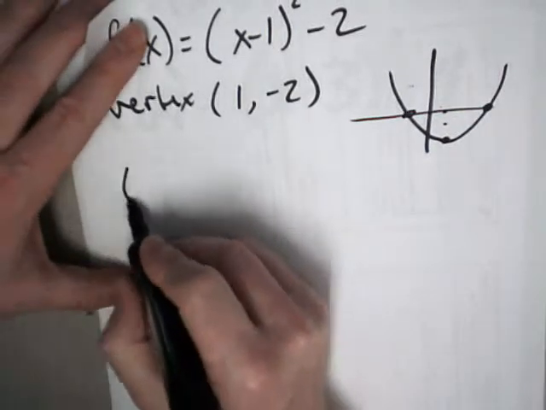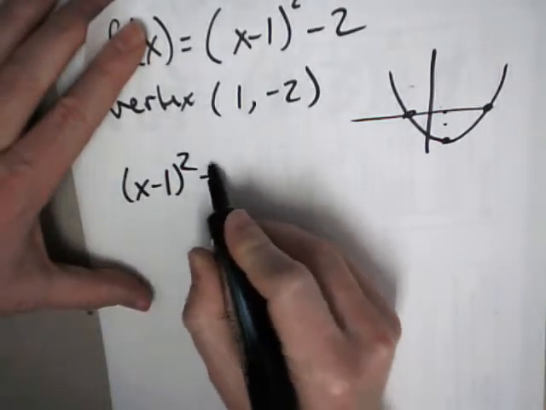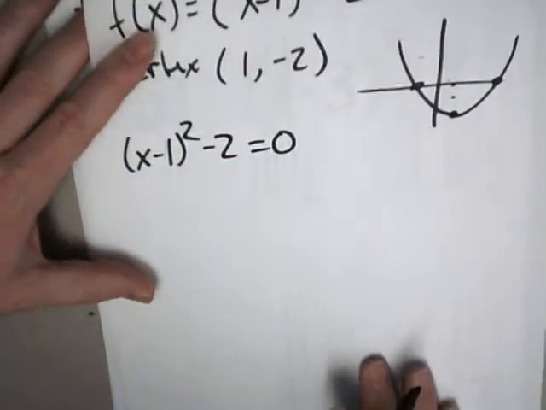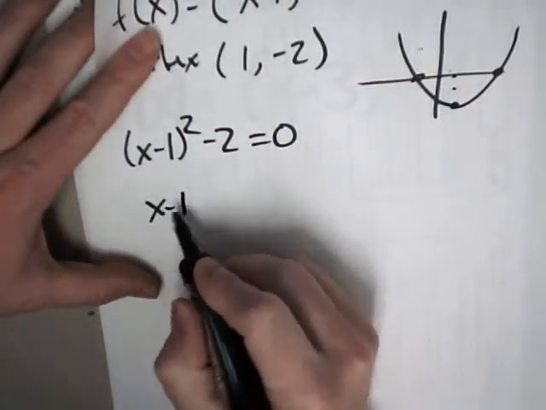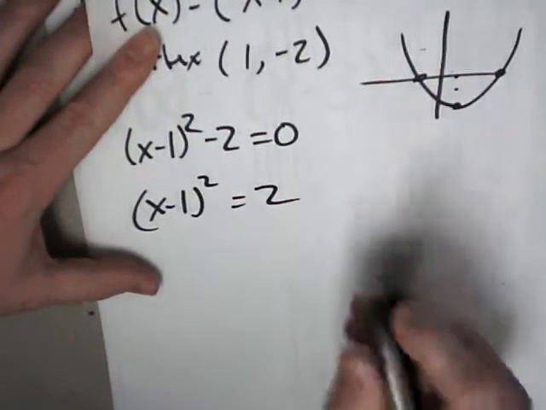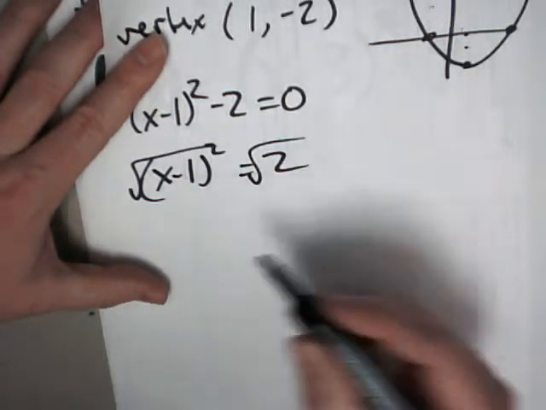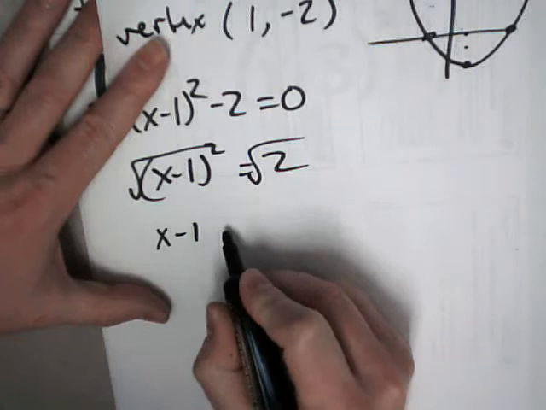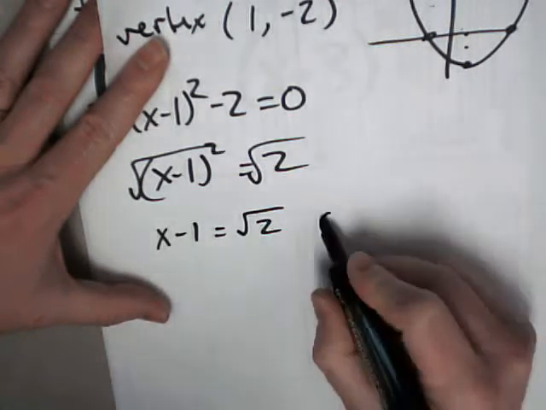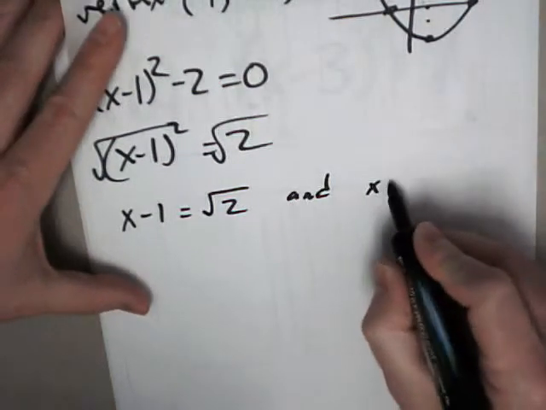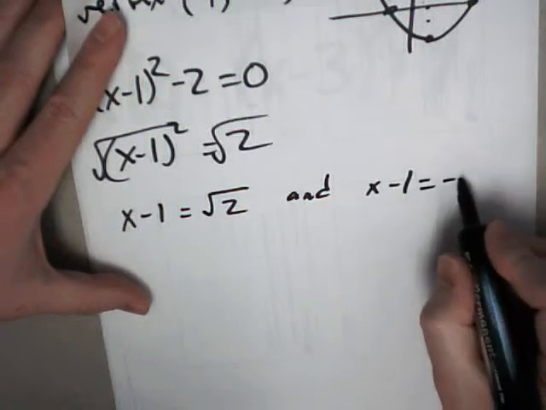So we take this, set it equal to 0, move your 2 over, take a square root. Now remember, when you take a square root, it's plus minus. So x minus 1 equals square root of 2, and x minus 1 equals a negative square root of 2.